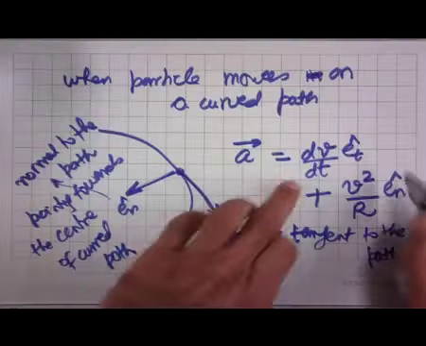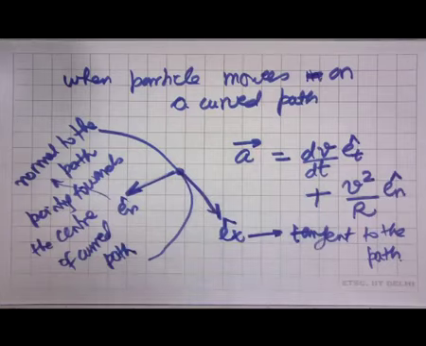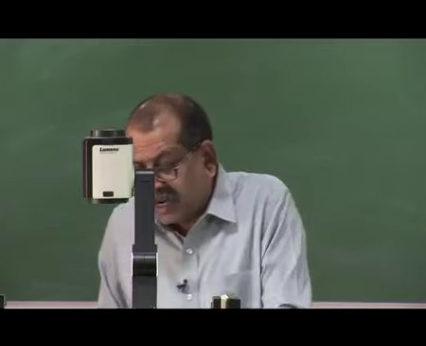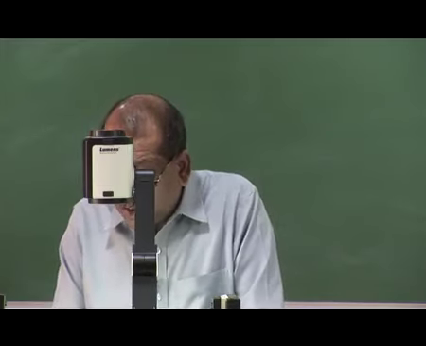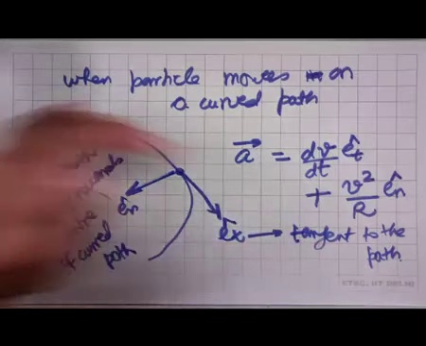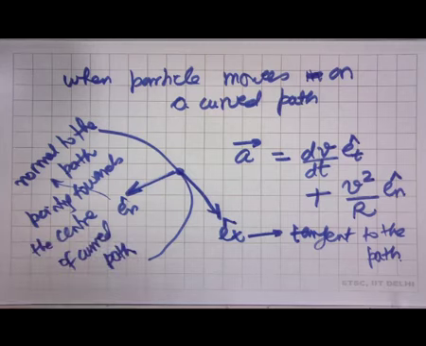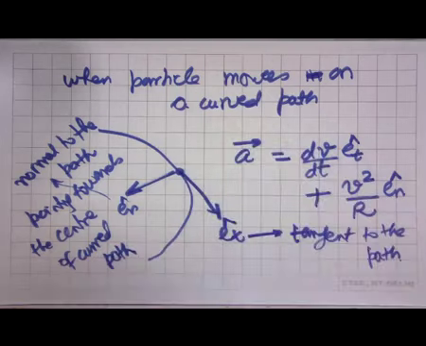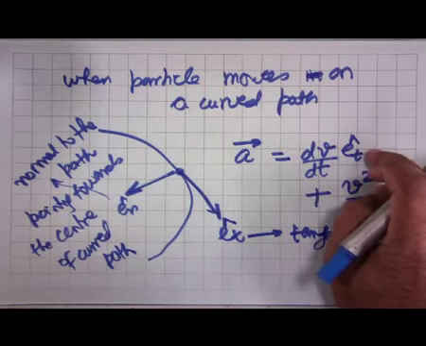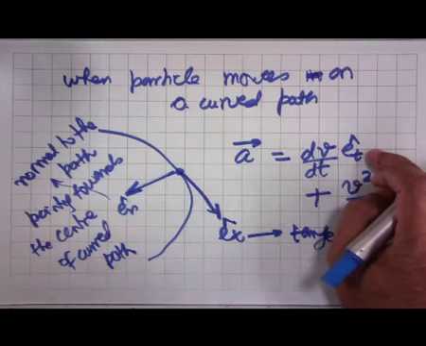And let us look at this expression again. We have seen this before when we did kinematics, but let us now understand this because this will have a lot of repercussions. So acceleration has two parts when the particle is not moving on a straight line. There is a part which is equal to the rate of change of speed tangent to the path. This is the same as what you get for motion in a straight line.